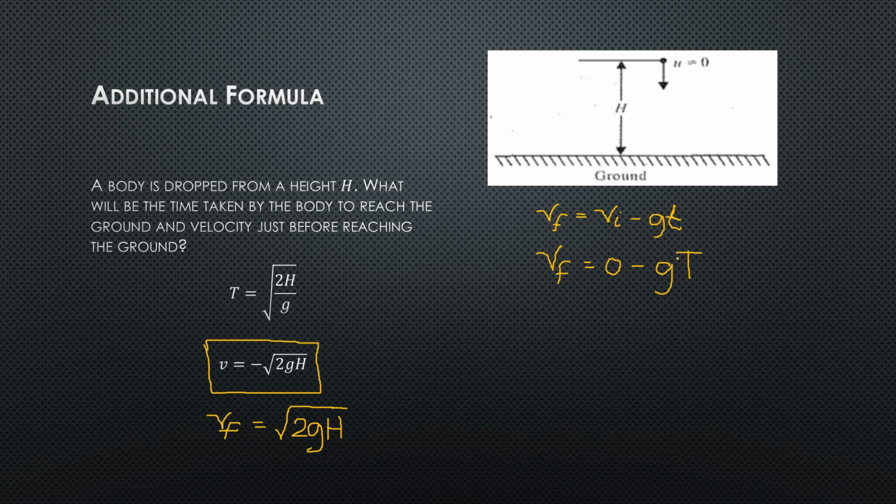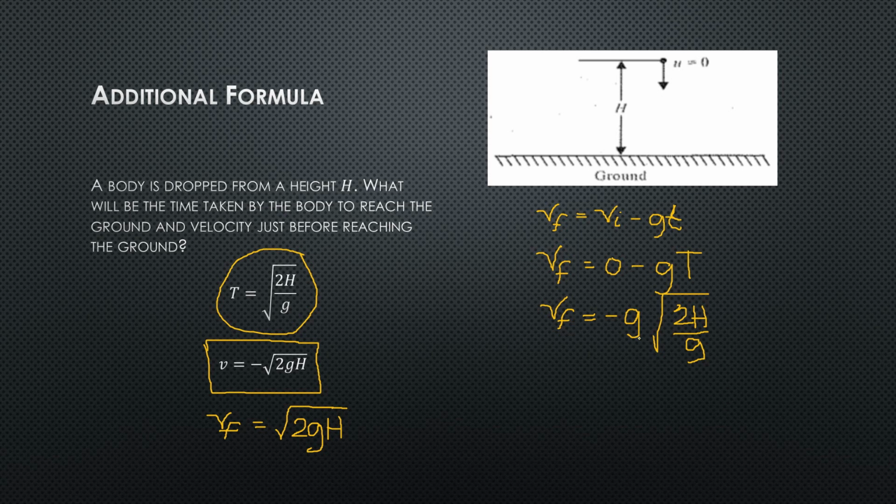Okay, but then time taken is equivalent to this one, so we can substitute this value for the time taken. So therefore this becomes final velocity will be equal to negative g, then substitute the value of time taken, square root of 2h all over g.